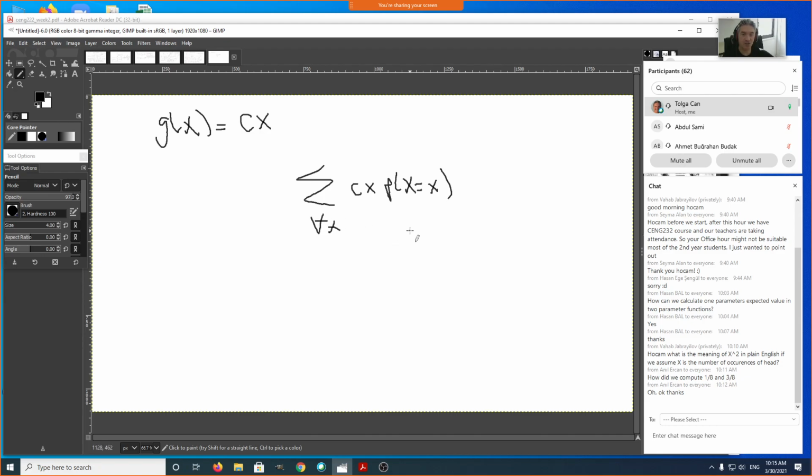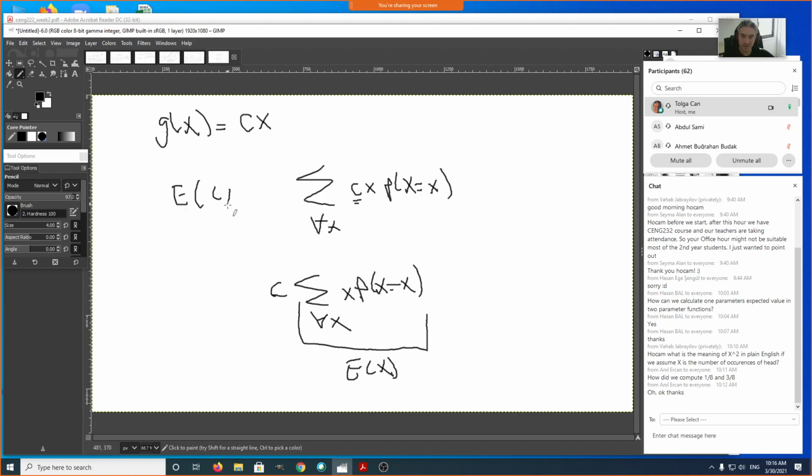We already know that constants in a summation can be taken out of the summation, so it will be c times the sum of x P(X = x). And what is this? This is the expected value of X. So this is basically saying that the expected value of cX is equal to c times the expected value of X.